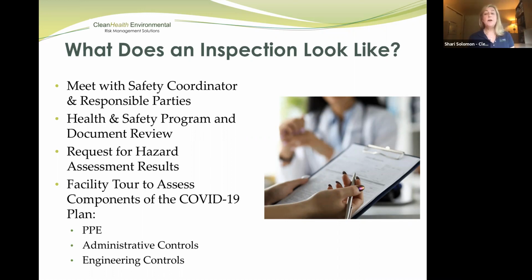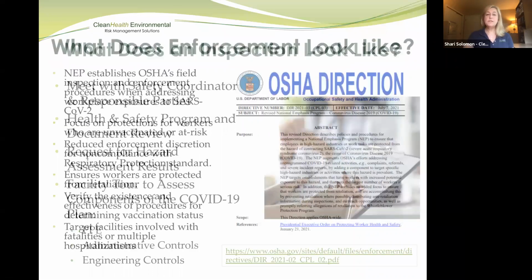And then they'll also look at your hazard assessment and your results for that. And then based on that, they'll go ahead and do a facility tour, looking at all those components that are part of your program: personal protective equipment, administrative controls, and engineering controls, as I was just talking about. So that's what an inspection looks like.